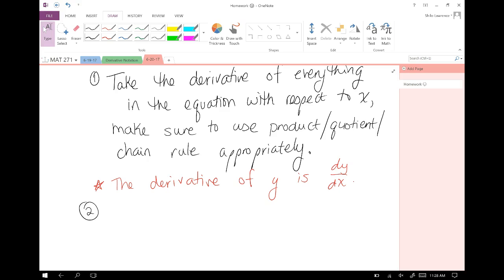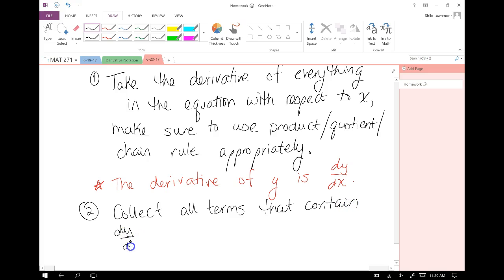We want to collect all of the terms that have dy dx on one side of the equation and all the terms that don't have dy dx on the other side. And I usually say collect all the ones with dy dx on the left and all the ones without on the right.